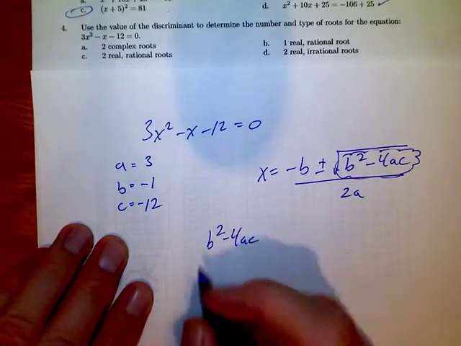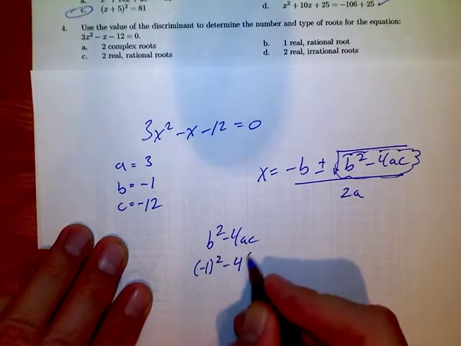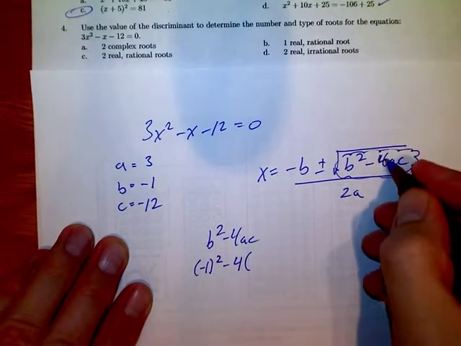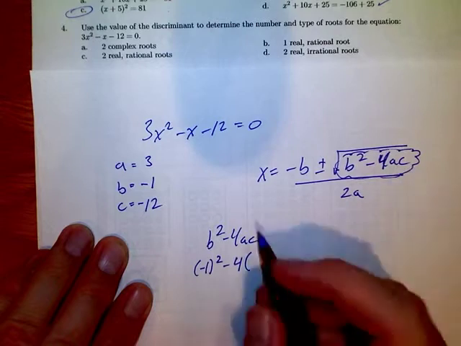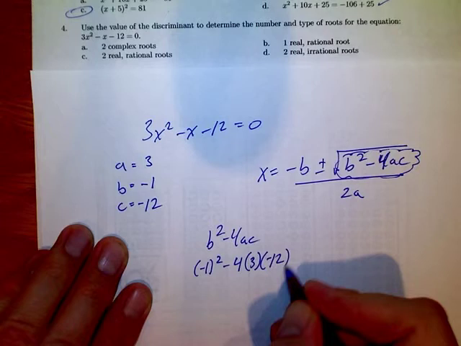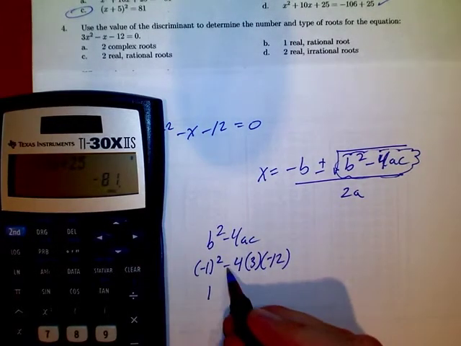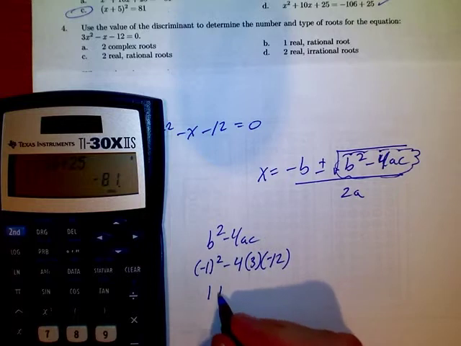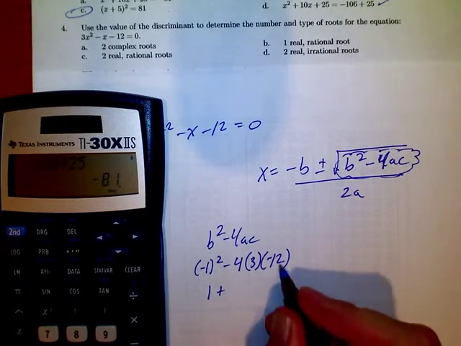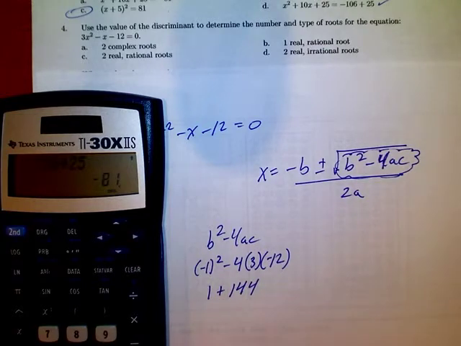So b², b is negative 1, so 1, minus 4. 4 is always in the discriminant. That's a value from the formula. Times a times c. Negative times negative is going to make positive. 4 times 3 is 12, times 12 is 144, plus 1 is 145. 144 is a perfect square, but when we add 1, it is not a perfect square.